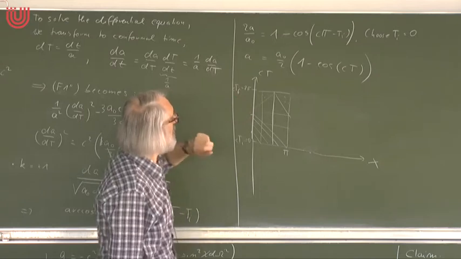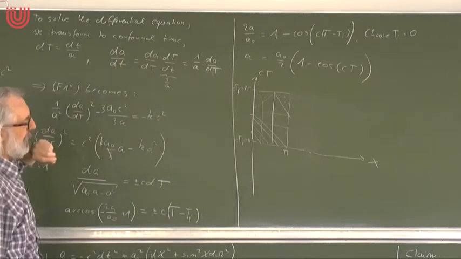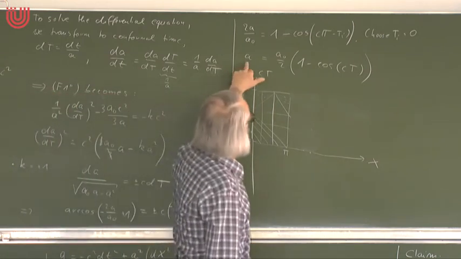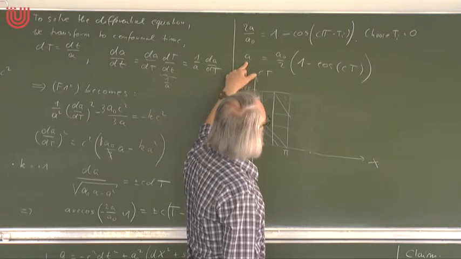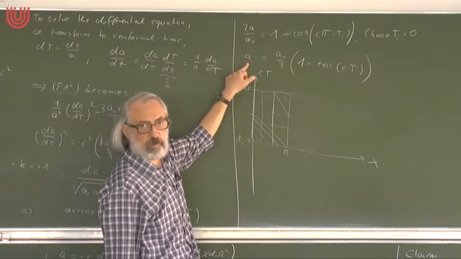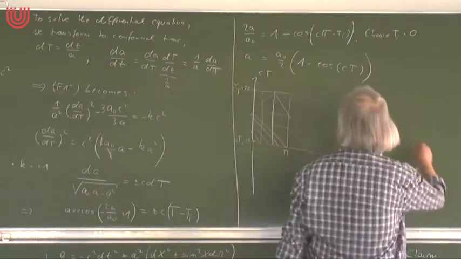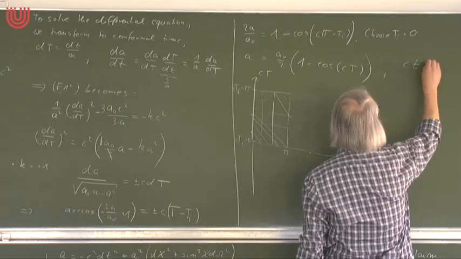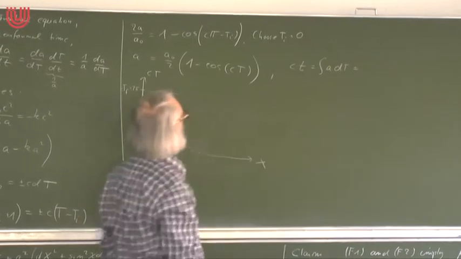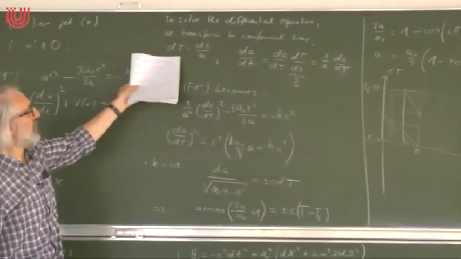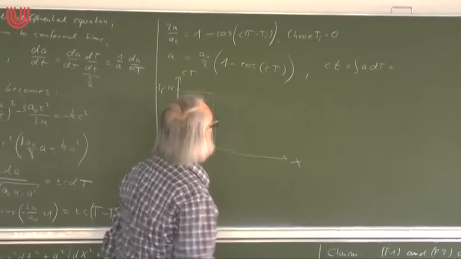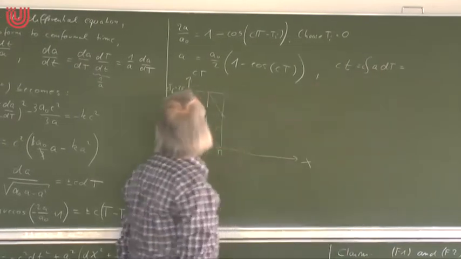But you can represent the graph of the function a in the ta diagram in parametric form. To that, I have little a as a function of capital T. If I also manage to get little t as a function of capital T, I have a parameter representation of a as a function of little t, and this can be done. So what is little t, or rather CT? CT was the integral over a dt, right? It is this expression here just integrated, and we now know what the little a is, so I have to integrate this expression over, I forgot a c, over CT, and what do I get?